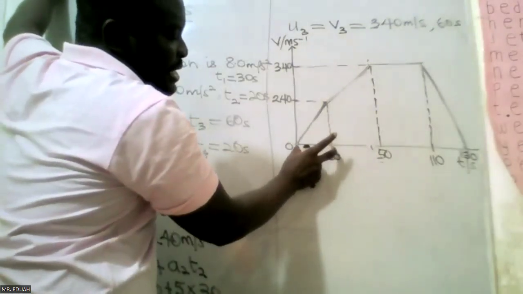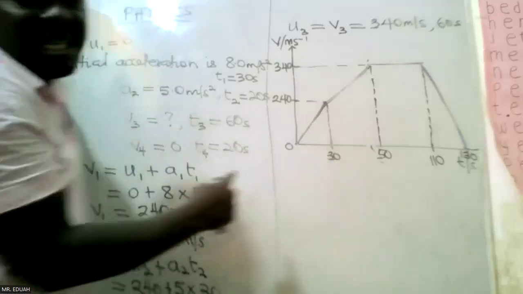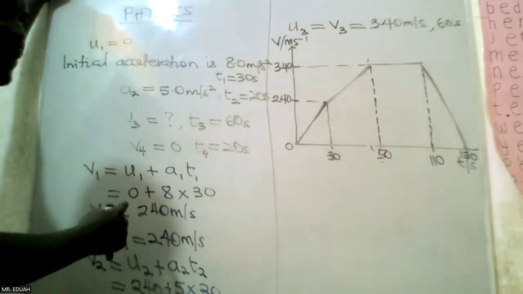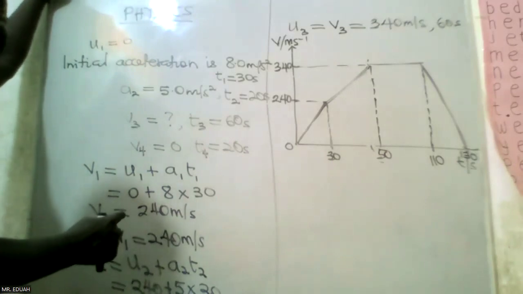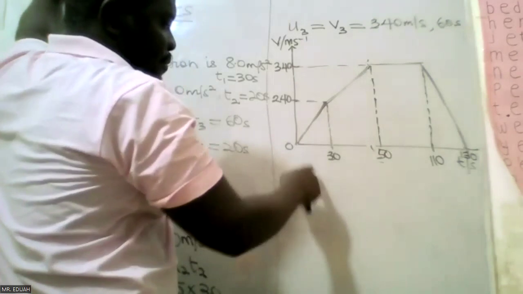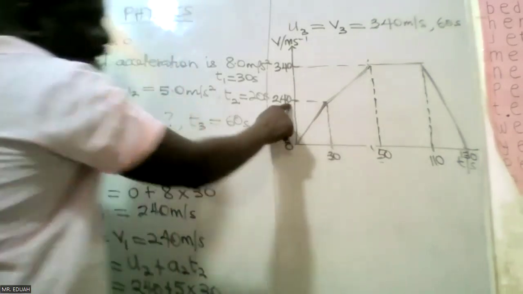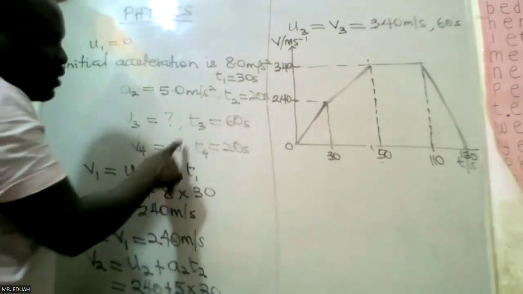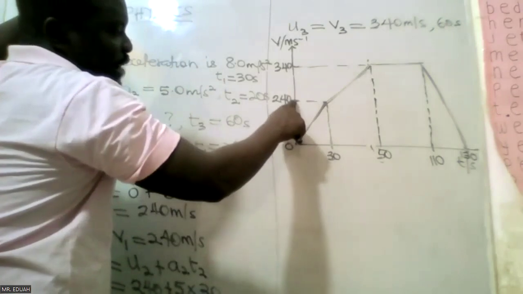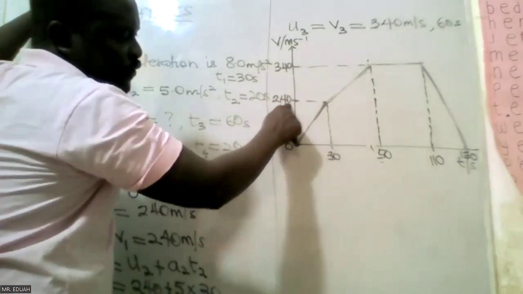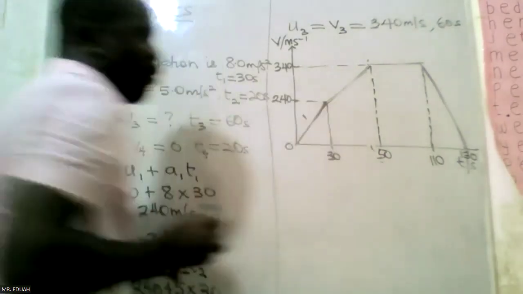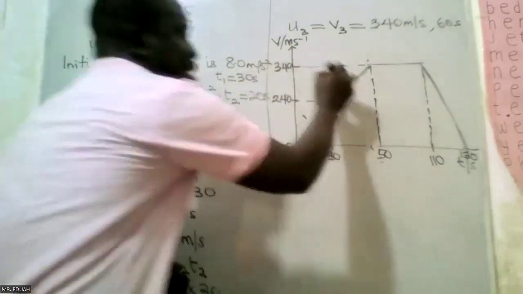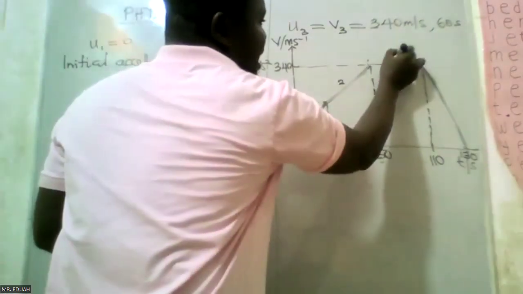So within the time interval 0 to 30 seconds, the body went through a uniform acceleration of 8 meters per second squared. And so the time interval against the final velocity attained. So from when the initial velocity was 0 to when the final velocity is 240 for the first part of the motion. So this is for 1, indicating the first part, second part, third part, and then this is the fourth part of the motion.